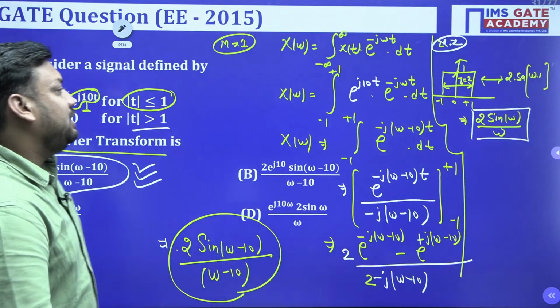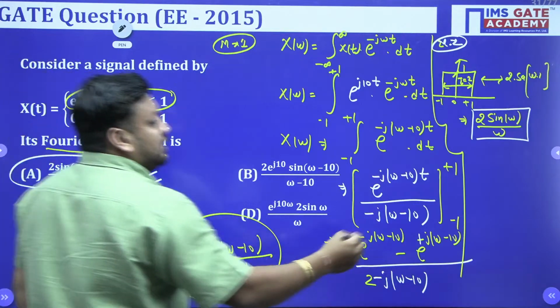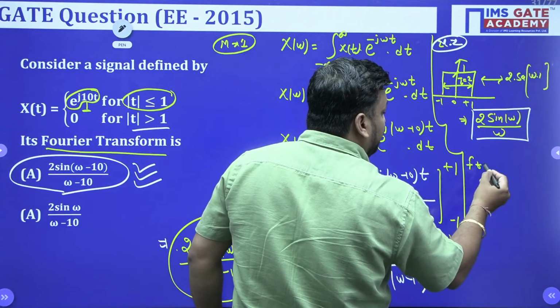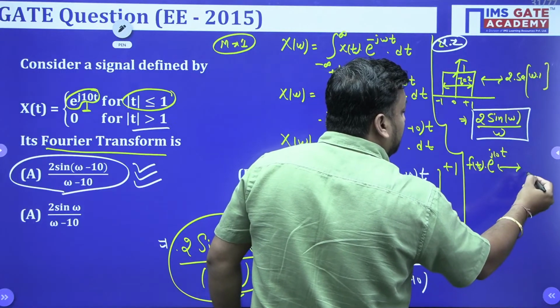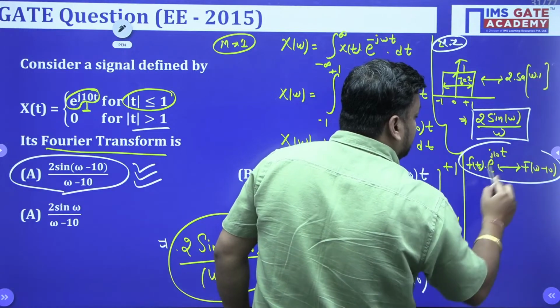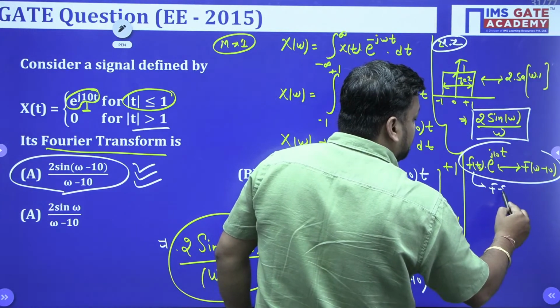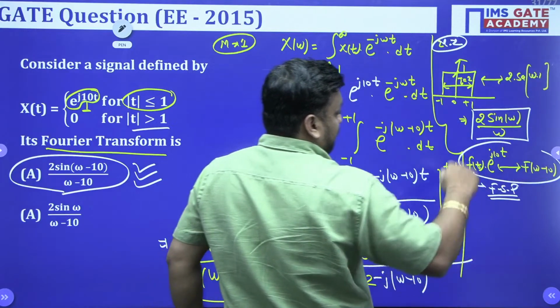But the examiner is saying that if f(t) has Fourier transform F(omega), then what is the Fourier transform of f(t) times e to the power j tan t? Then it is nothing but F of omega minus tan, by the frequency shifting property. The frequency shifting property will always give you the opposite sign. Yes or no?